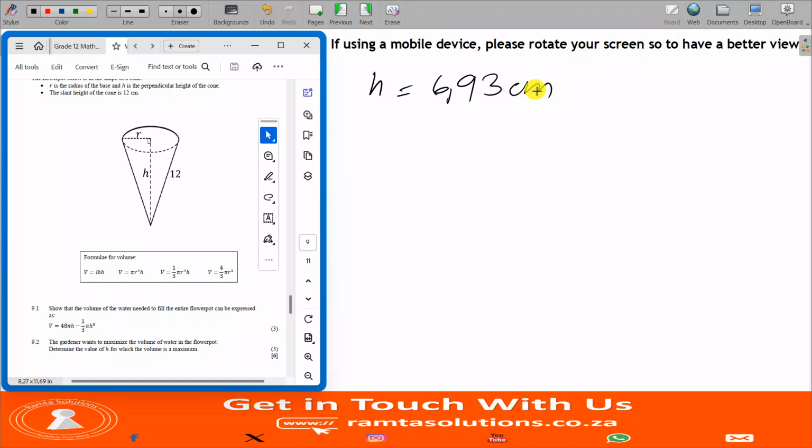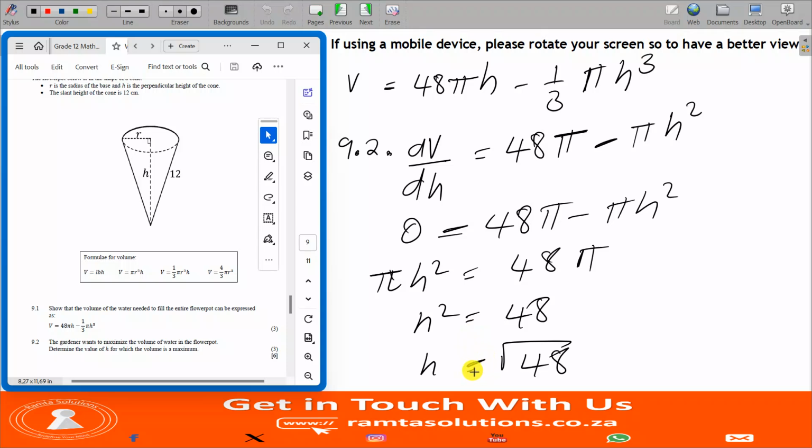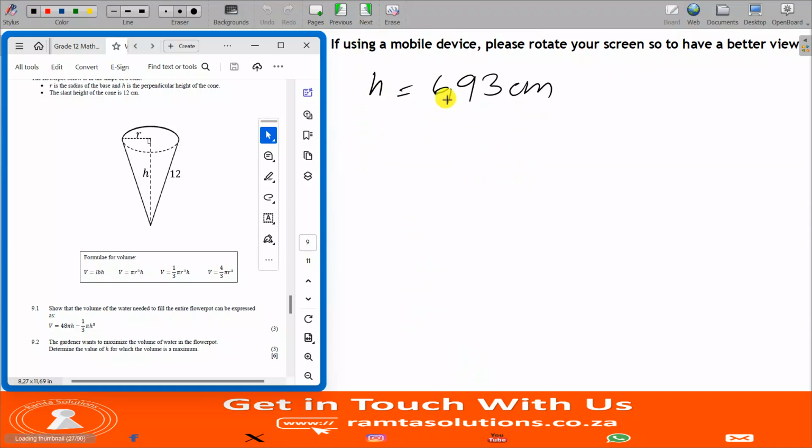Here you're going to get plus or minus, but because this is a measurement, you've never had someone who is negative 1.8 meters tall. We don't have negative height or negative length. Hence, we can just leave it here and say this is the value of h for which the volume is a maximum.